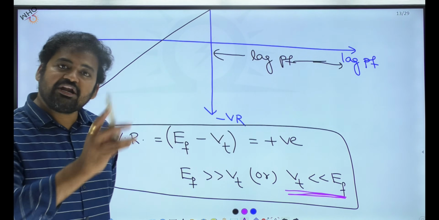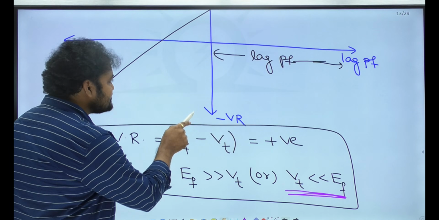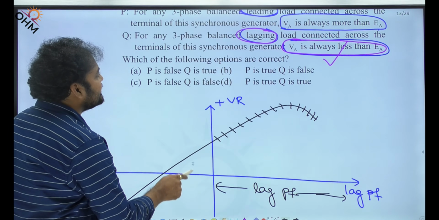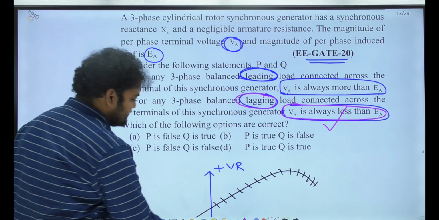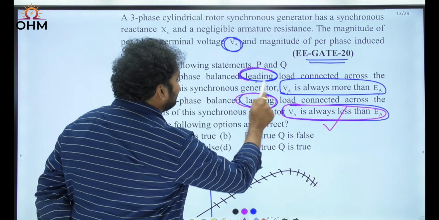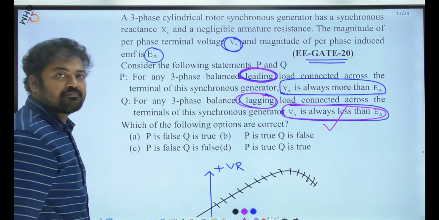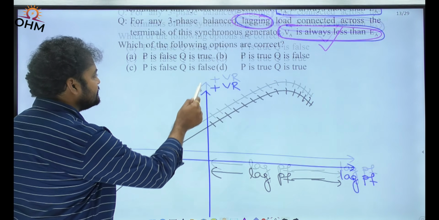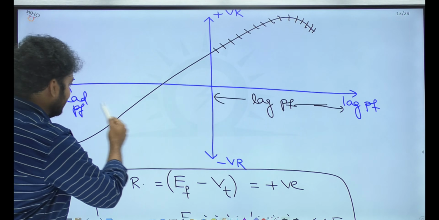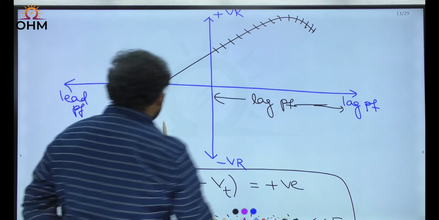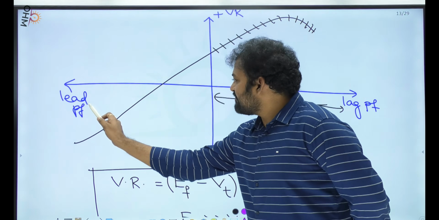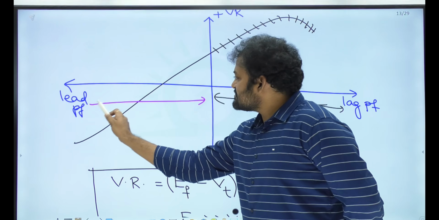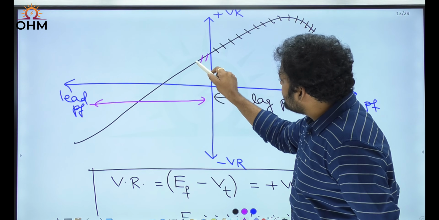But what about the first statement? What is the power factor they considered? Let me drag down. Yes. In the first statement, the power factor is leading type. Leading type means, let's go back to the regulation curve, the left side curve. In this particular zone, when power factor is leading, regulation can be positive.